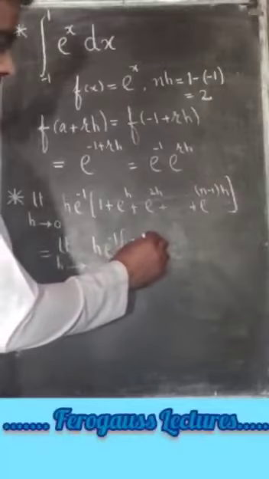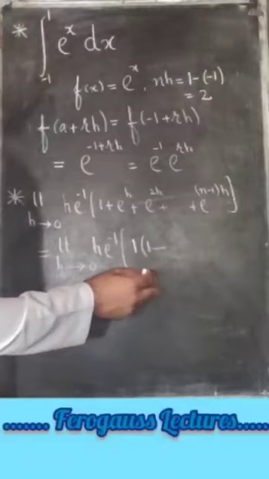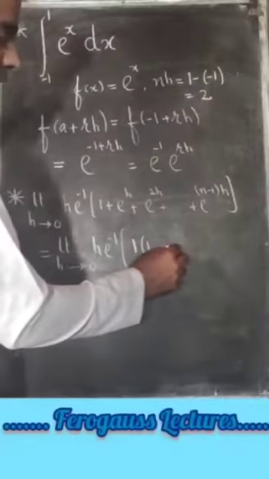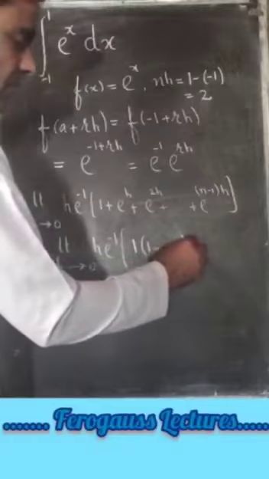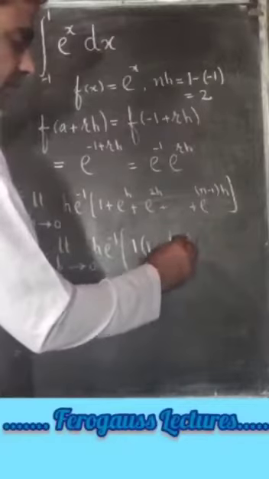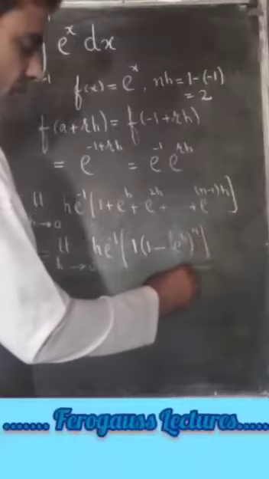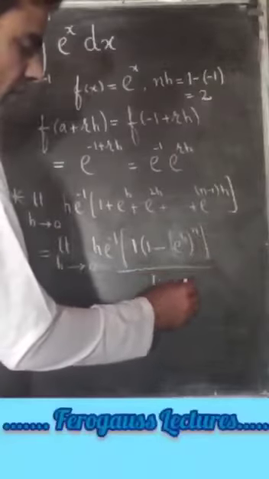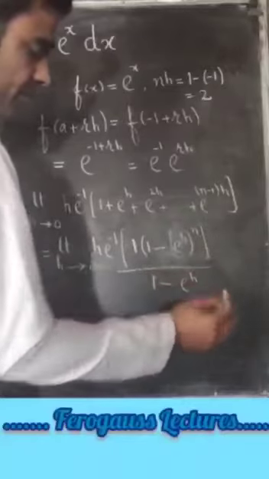that's 1, into 1 minus common ratio raised to power n, when r is less than 1. So it is 1 minus common ratio, that is e raised to power h, raised to power n, where n is the number of terms, divided by 1 minus r, that is common ratio, that is e raised to power h. Okay?